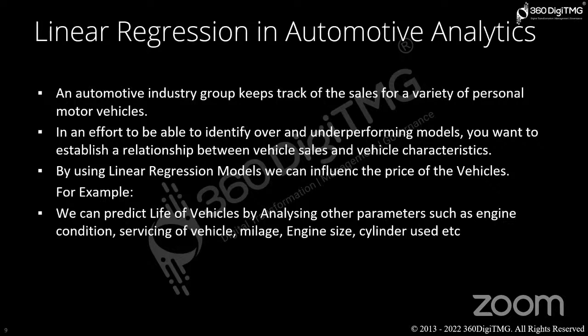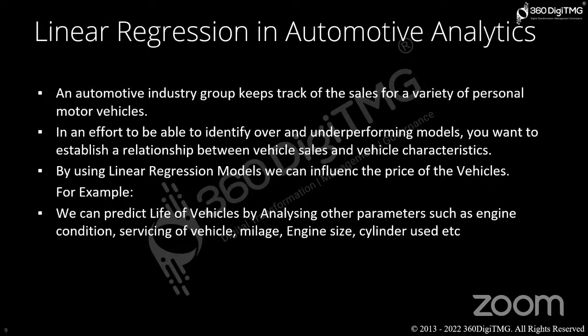You can classify which vehicles are performing best and which are underperforming based on the sales and characteristics. By using this we can influence the price of the vehicles. This is also helpful to predict the life of a vehicle by analyzing other parameters such as engine condition, service of the vehicle, etc.